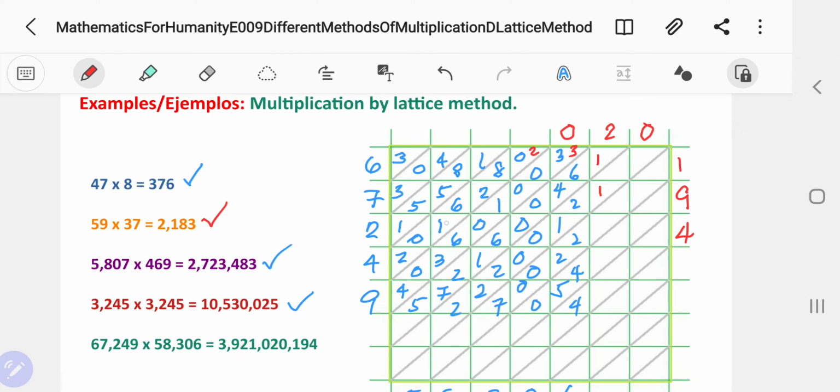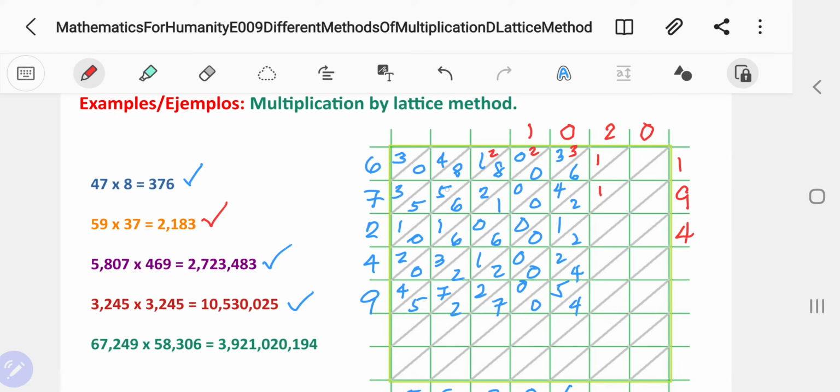2 plus 0 plus 1 is 3, plus 6 is 9, plus 2 is 11, plus 8 is 19, plus 2 would be 21. So I write 1 here, and then I'll write the 2 here.